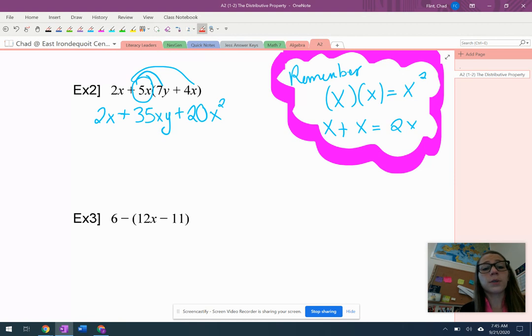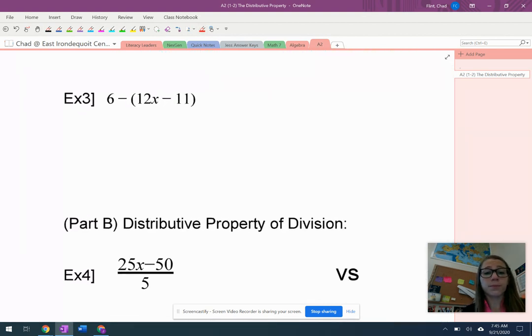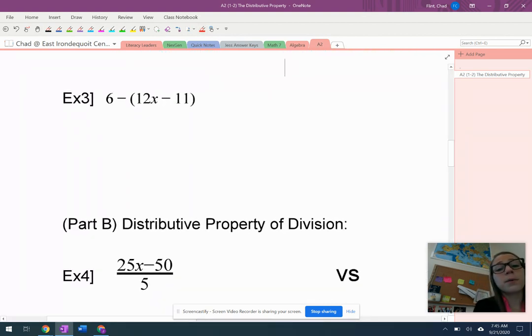So moving on to example 3. Now here, you might be confused because there's really no number directly outside of those parentheses, but there is, it's just hidden a little bit. Right next to that negative sign, there's an invisible or a hidden 1 there. So just like that last one, instead of doing 6 minus 1, then distributing, we have to do that multiplication piece first.